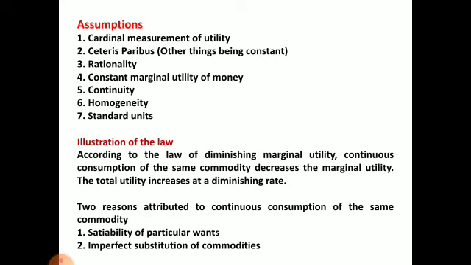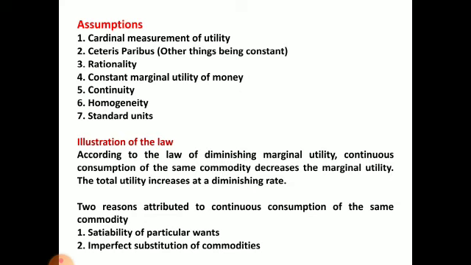The price of the commodity in question is always assumed to be given, and it assumes other factors such as income, price of related goods, taste, fashion, preferences, and other determinants of consumption to be unchanged. That is what we mean by the concept ceteris paribus, which means other factors influencing consumption are always assumed to be constant.